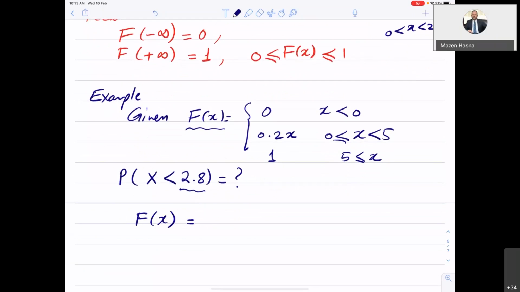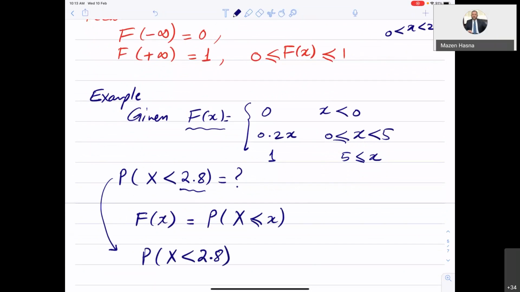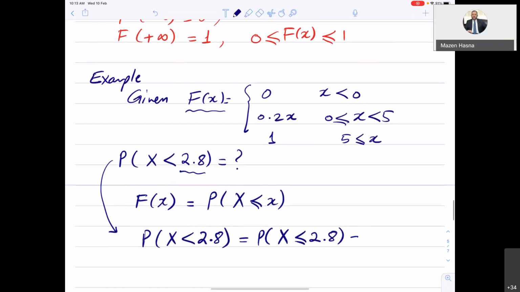The probability that x is less than or equal to x, right? This is the definition. So now I'm asking the probability of x less than or equal to 2.8, which is exactly F of 2.8.